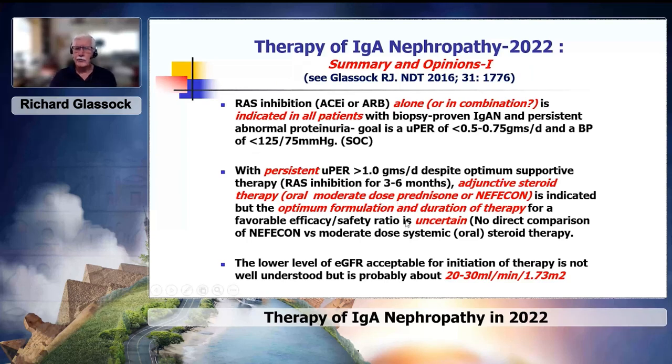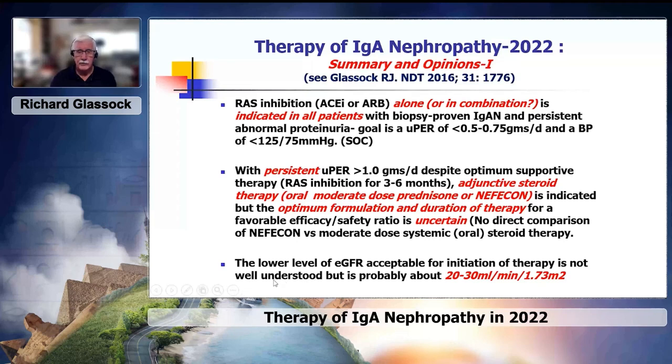When proteinuria persists despite optimal supportive therapy, adjunct steroid therapy using oral moderate dose prednisone or Nefecon is indicated, but the optimum formulation, oral prednisone or specially formulated budesonide, and the duration of therapy for a favorable efficacy and safety ratio is uncertain, as there have been no direct comparisons between Nefecon and moderate dose systemic oral steroid therapy.